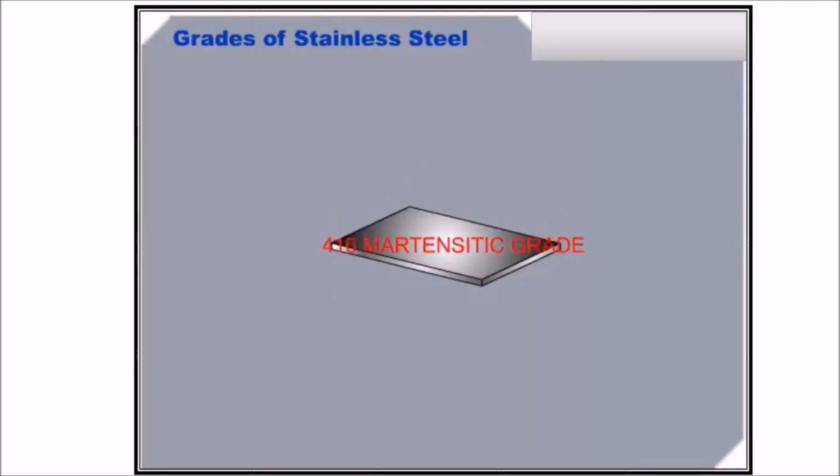A 416 steel is a martensitic grade, and 430 is a ferritic grade. One of the common pH stainless steels is a 17-4 pH grade. A popular duplex grade is AL-6XN.